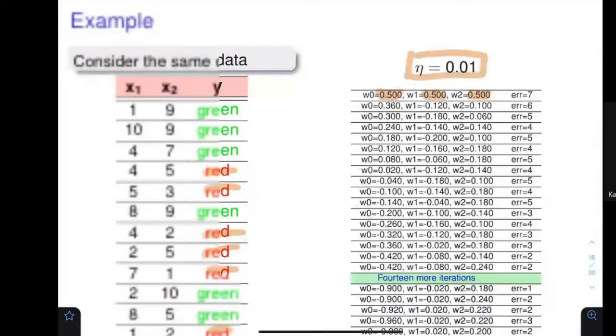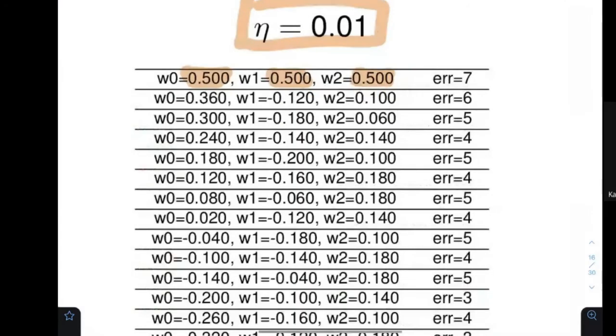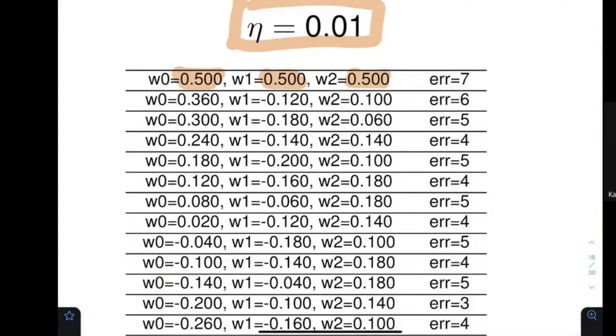So 7 updates I have to do, not a single update. One update with this, one update with this. Every item is going to contribute to the update, and my weight is changing 7 times. After one iteration, when I saw all these items, my weights become 0.3, 0.36, 0.12, 0.1.